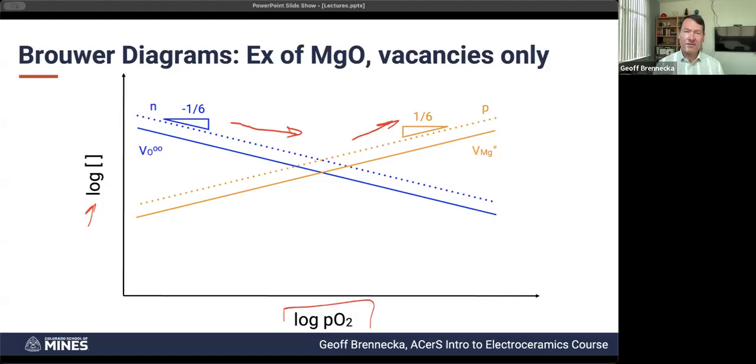So this says that if I start off with a magnesium oxide material, and it's not doped, it's as pure as I can get it, it can still have these different kinds of defects. I can have magnesium interstitials, oxygen vacancies, all the ones that we went through. I've put it in the furnace and I change the PO2 at a given temperature.